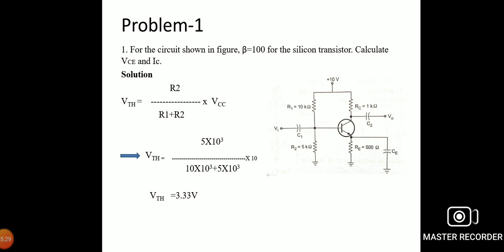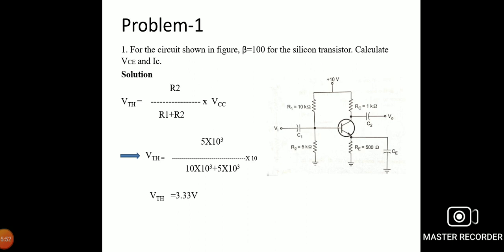Substituting the parameters, 5 into 10 power 3 divided by 10 into 10 power 3 plus 5 into 10 power 3, the Thevenin voltage is 3.33 volts.